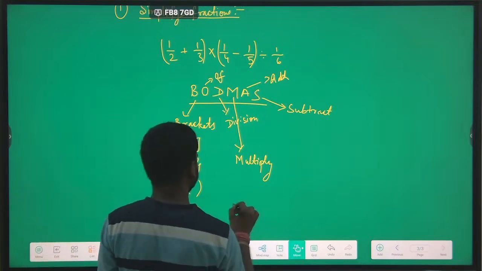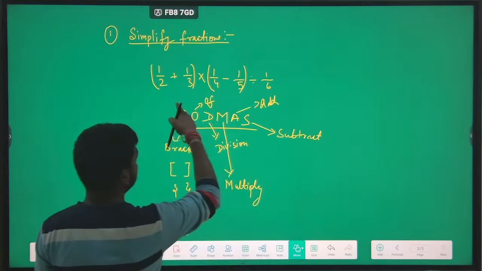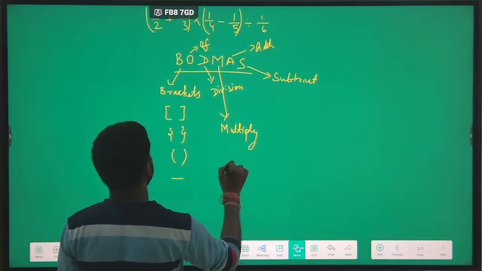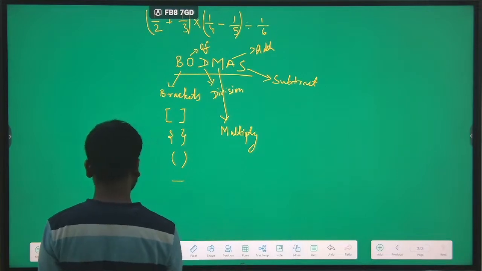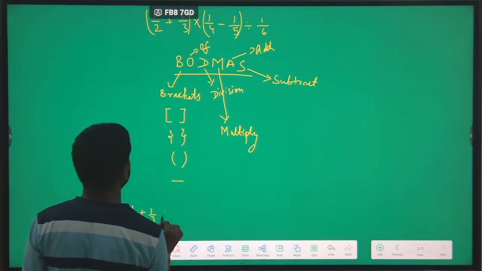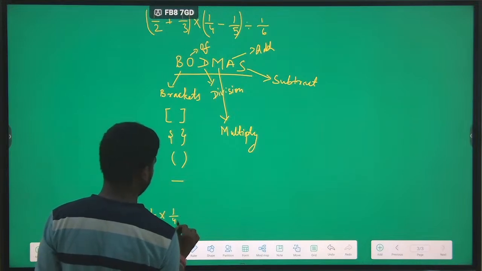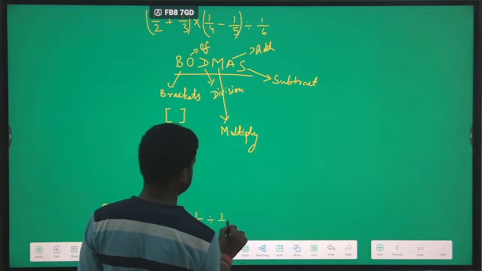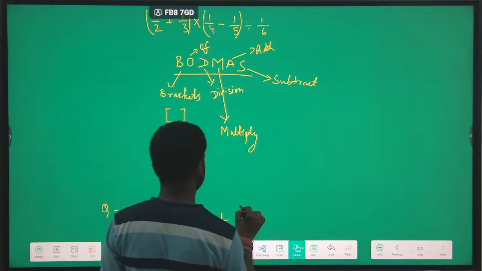Now, to solve this question, let me write this question again. The question is 1 by 2 plus 1 by 3 multiplied with 1 by 4 minus 1 by 5 divided with 1 by 6. So, this is a simple problem.